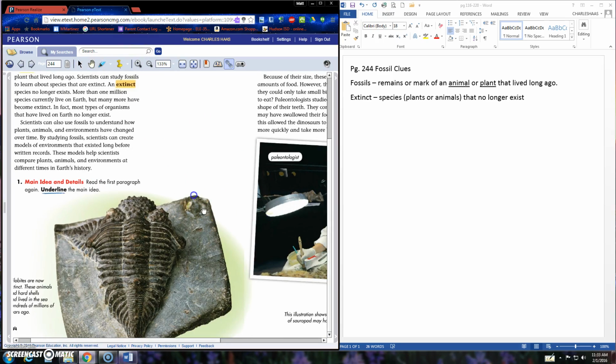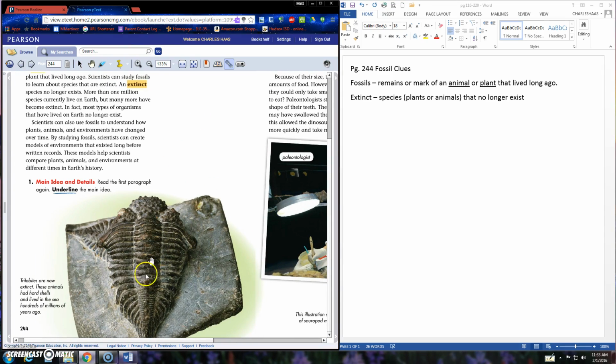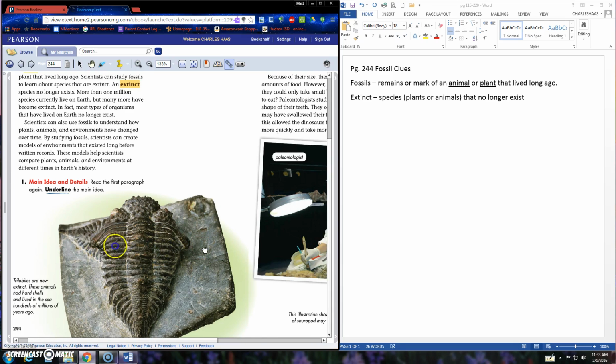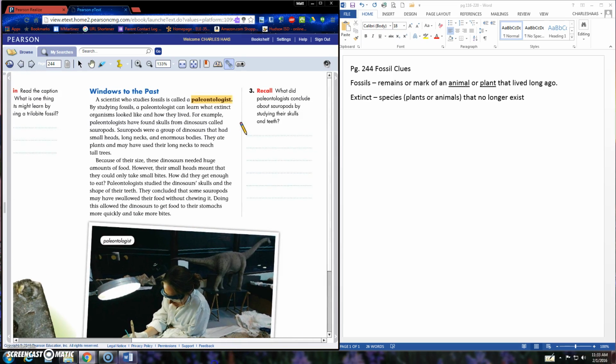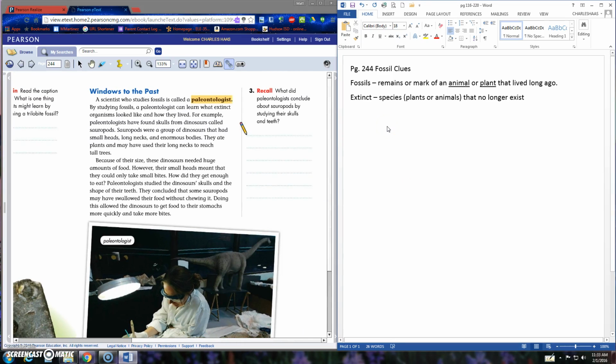Here's a great example of a fossil right here, of the trilobites. I think we talked about that when we Skyped with one of the national parks. Here's a paleontologist looking right now, working to remove sediment by sediment, piece by piece, to unearth whatever fossils they can find right there. A paleontologist.